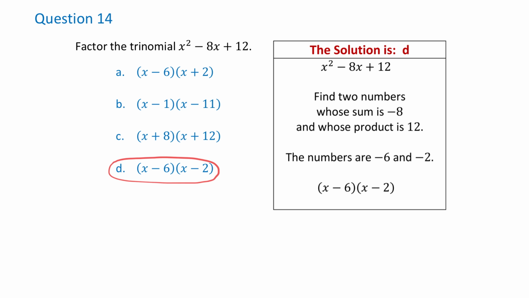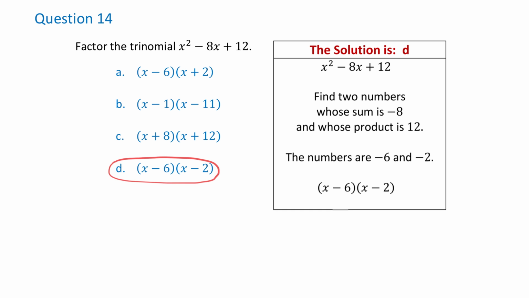These numbers are negative 6 and negative 2 because negative 6 plus negative 2 makes negative 8 and negative 6 times negative 2 makes positive 12. Then the factorization is a product of two binomials, x minus 6 and x minus 2.